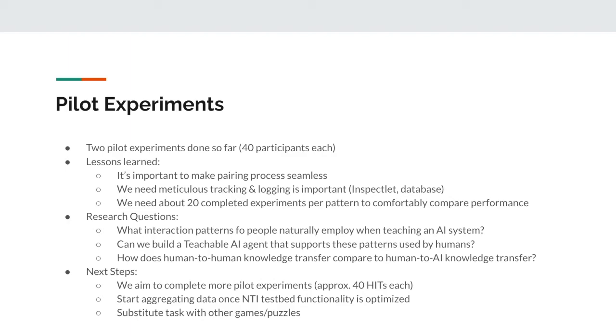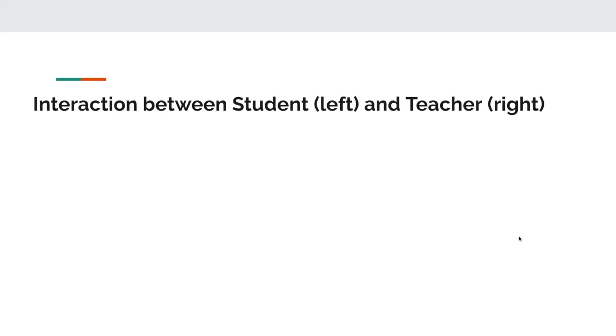The longer term of this research path helps us understand what interaction patterns are needed for teaching an AI system naturally. Additionally, we may want to see if we can build a teachable AI agent that supports those patterns.